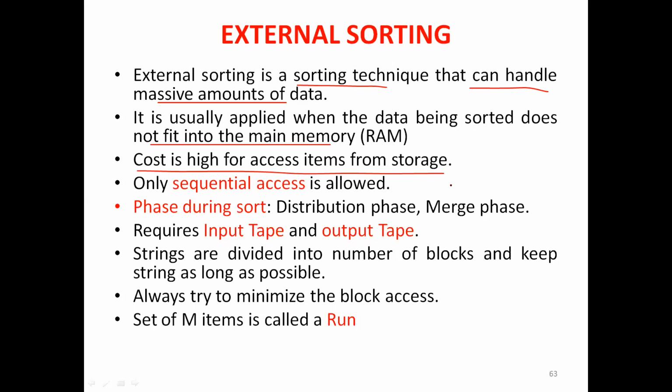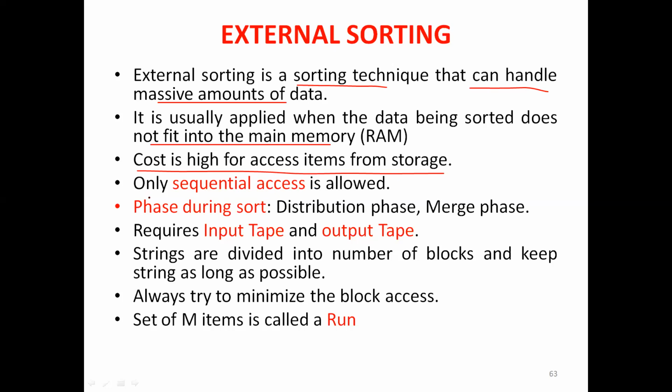If it is in the external hard disk, we are still going to do the sorting in main memory only, but we take part of the records from the external storage, sort them, and store them back into the external storage. So when you access the records in the external storage, it takes time. That is the disadvantage of external sorting.